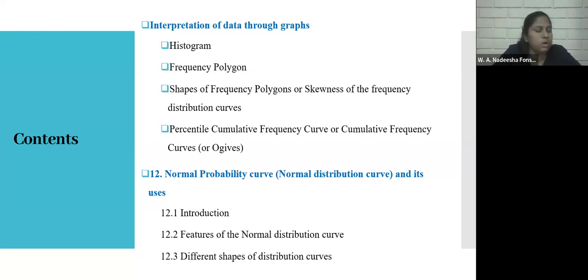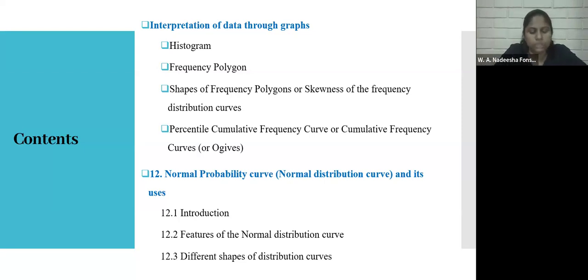We don't go for mathematical calculations based on normal probability curves. There are mathematical calculations based on the normal probability curve, actually Z-score even. We have to calculate using the normal probability curve, but that comes under the educational statistics subject. It is a particular subject.